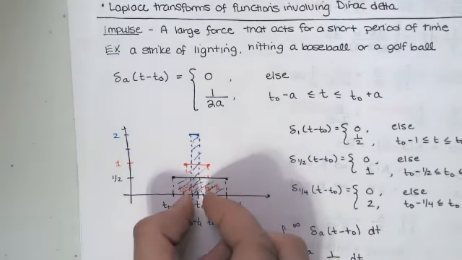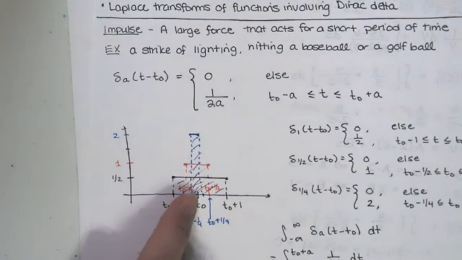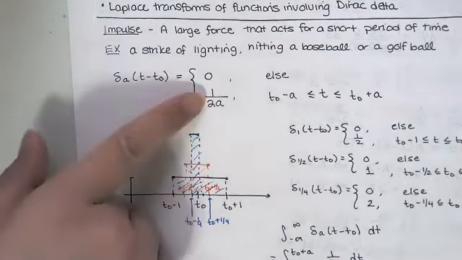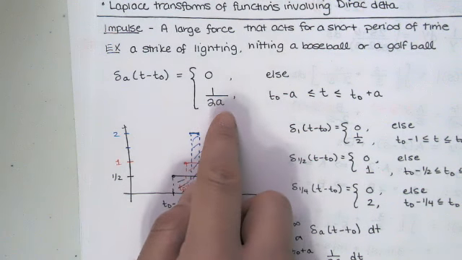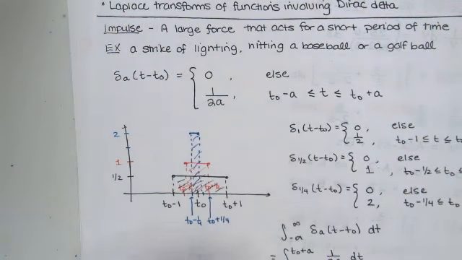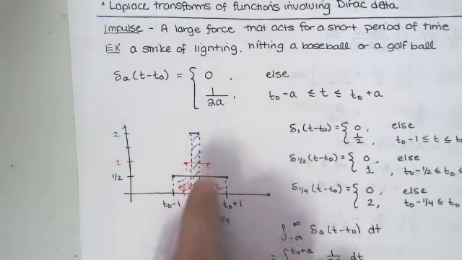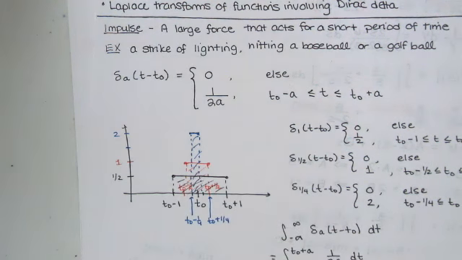So we basically have t equal to t naught in a limiting sense, and the function value there would go to infinity. As a approaches 0 from the right, from values slightly larger than 0, we're going to infinity.